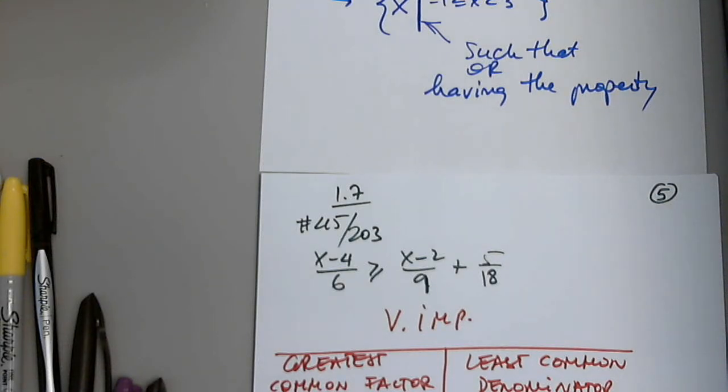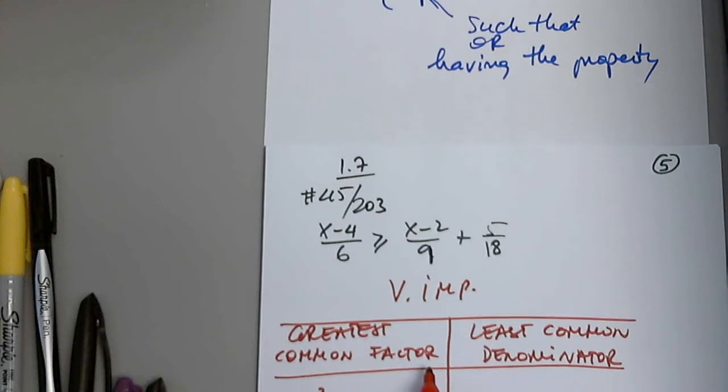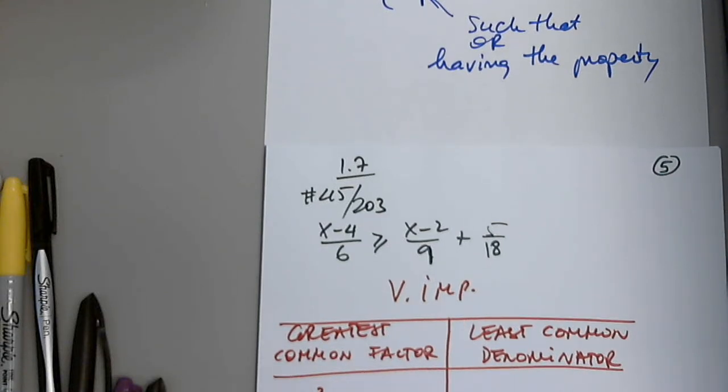So when we are finding the least common denominator, we are not interested in finding the greatest common factor. Now let me give you 2 examples so we understand what this means. So if I'm given 2x squared minus 4x, the greatest common factor is what is present in both at the highest possible power.